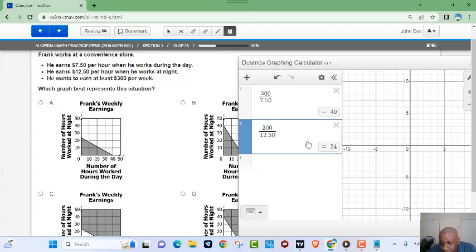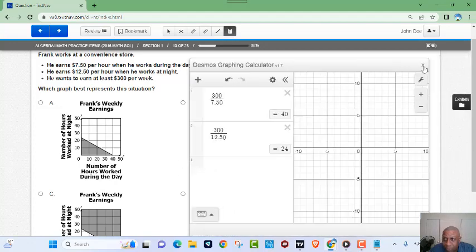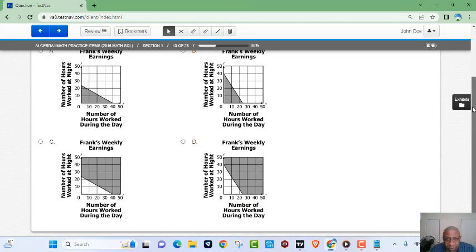So in order for him to earn a minimum of $300 per week, if he only worked day hours, he would do 40 hours or more. And if he only worked night hours, he would have to do 24 or more. So we need to look at the graph that has night hours at 24 or more and day hours at 40 or more. So let's move this out of the way real quick.